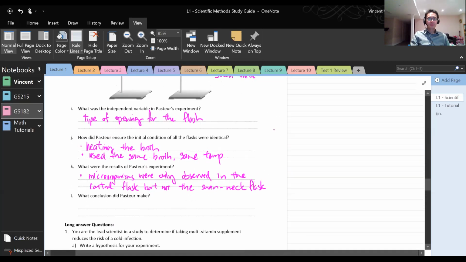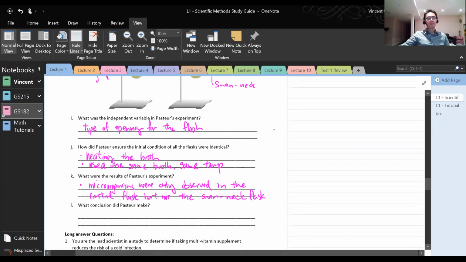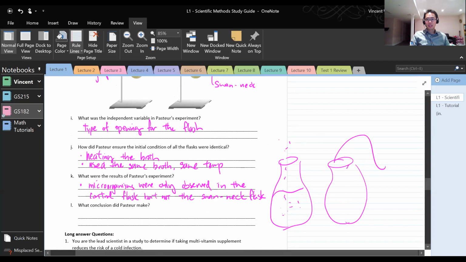Okay. Now that should make sense, right? Because if it's an open flask, right, things from the air would fall into the broth, and then they would multiply and have lots of microorganisms. Whereas if you have the swan neck, right, all the airborne stuff will be trapped here. They won't be able to go in, right? So the broth remains sterile in the experimental flask.